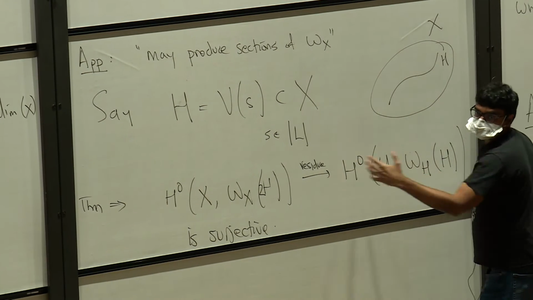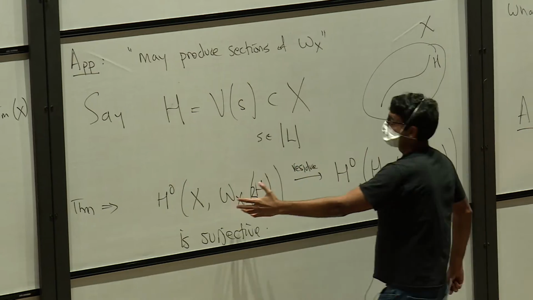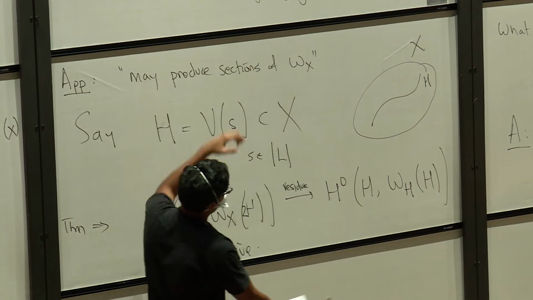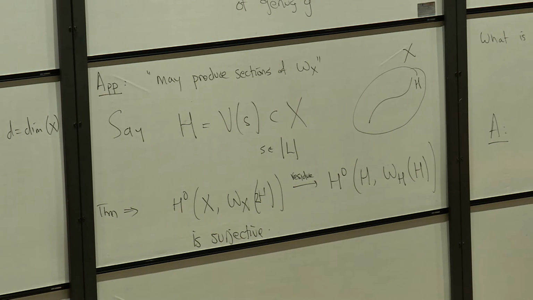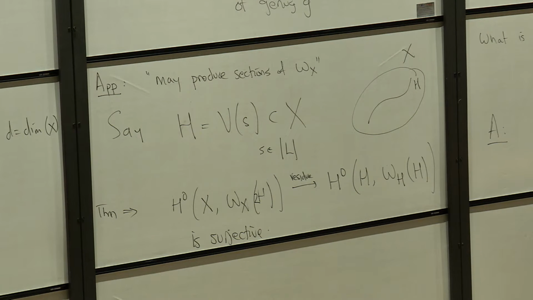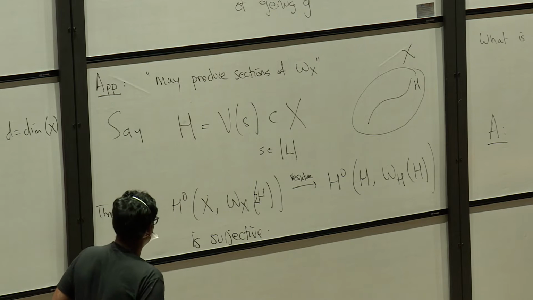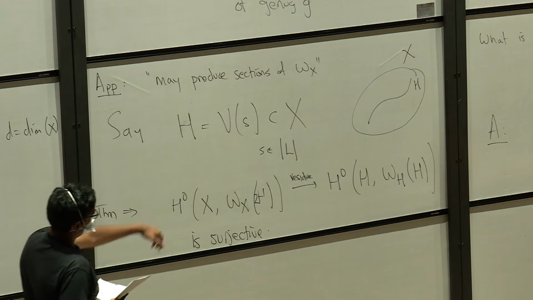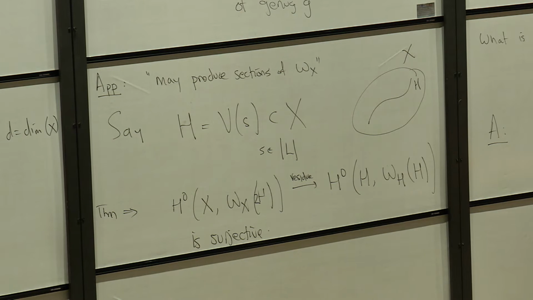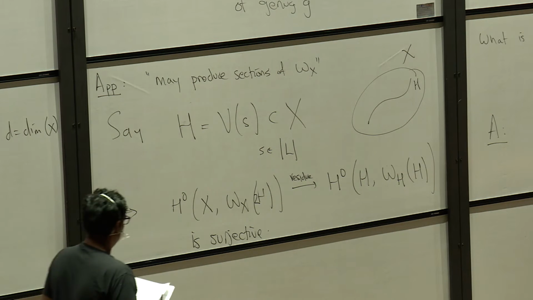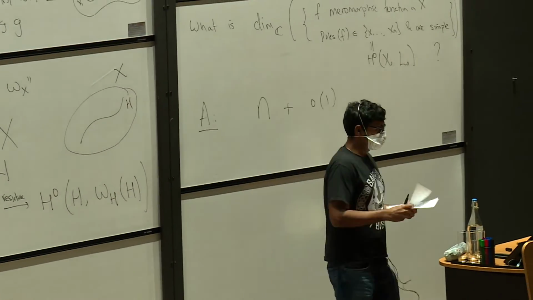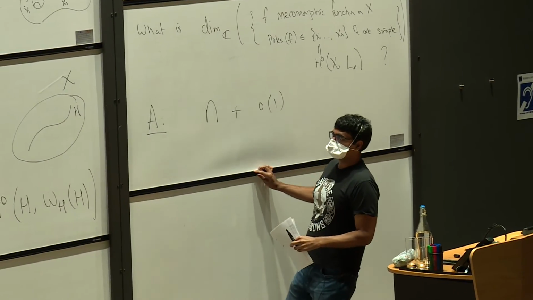The theorem says this map is surjective, so then you can lift them, which means you have some geometric data on H, and you can now spread it out to all of X. And so this is very useful in proofs where you do induction on dimension to prove, let's say, the canonical ring is finitely generated, this theorem of Birkar, Cascini, Hacon, and McKernan in birational geometry, because it's allowing you to sort of drop the dimension and work by induction. So this is the kind of application of Kodaira vanishing I want to emphasize right now, because it was also partially at least what motivated what came later.